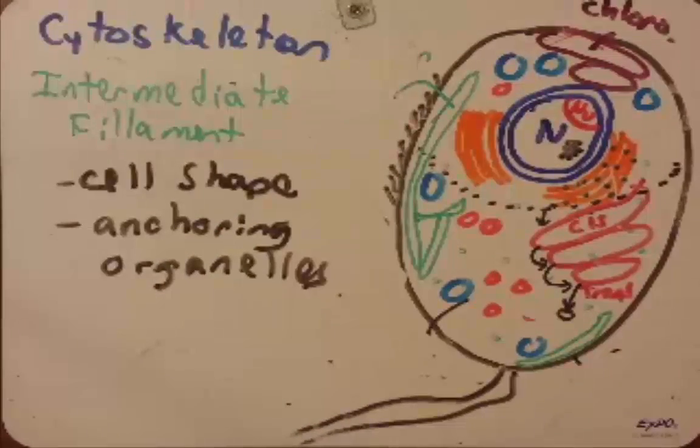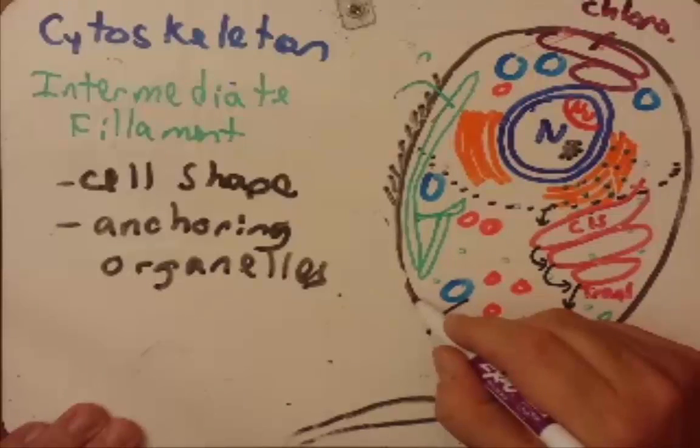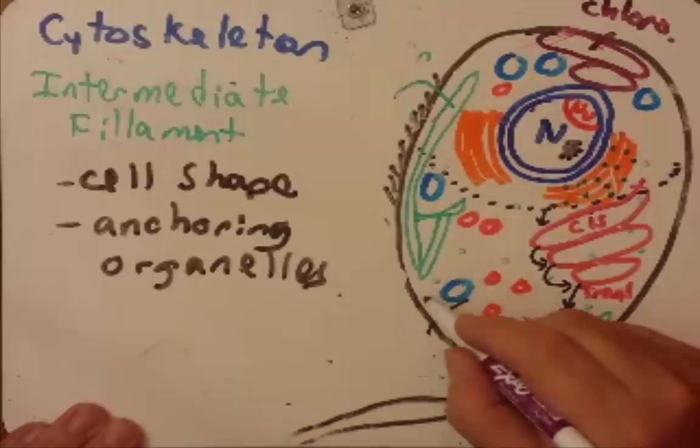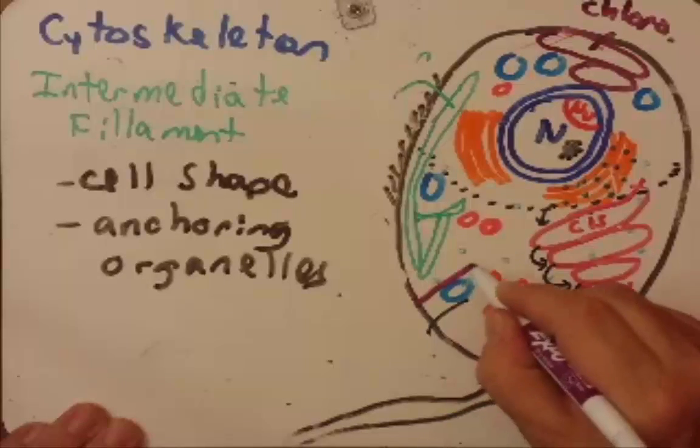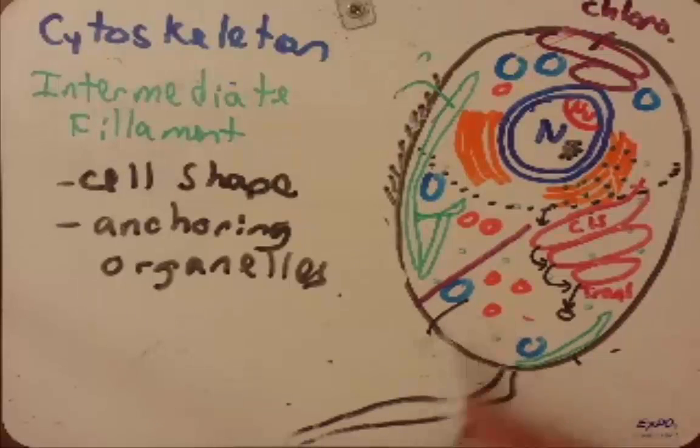Now, if you recall, I mentioned that these cytoskeletal elements can move organelles. What I want to do here is draw a microtubule just as a straight line, and I'm going to have it picking up this lysosome right here. This blue lysosome. But what I want to talk about next is something called motor proteins.